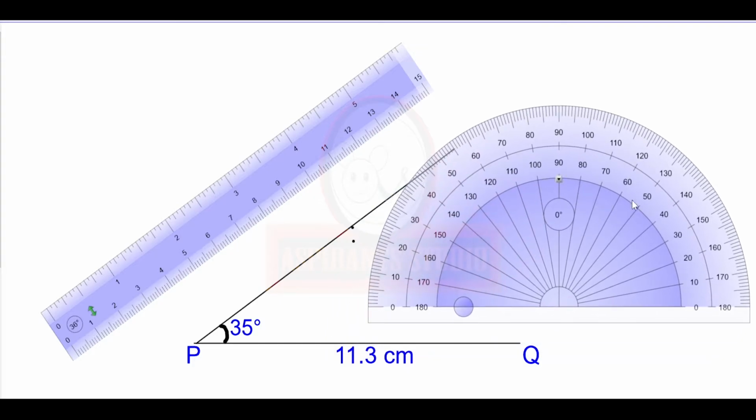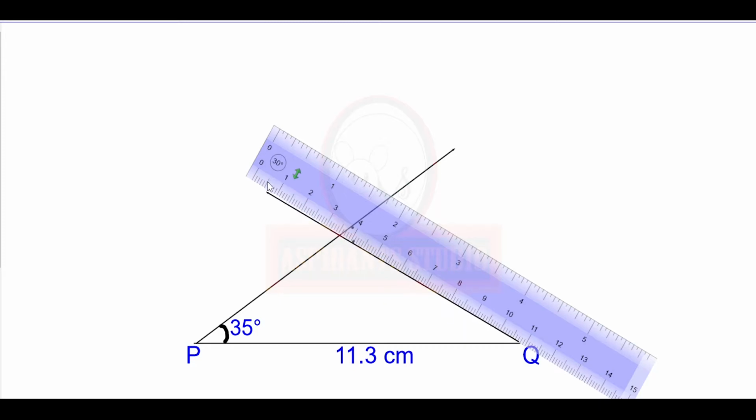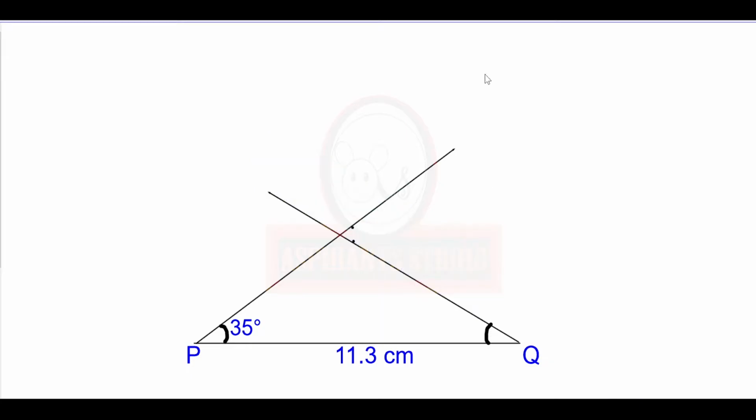Draw another ray making an angle of 30 degrees at point Q. Before naming the point, mark measure of angle Q to be 30 degrees. Now name the point of intersection of the two rays as A.